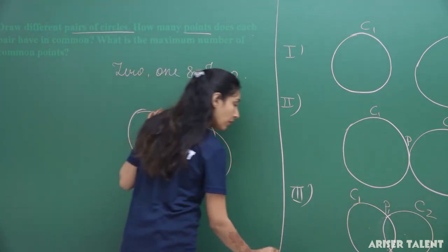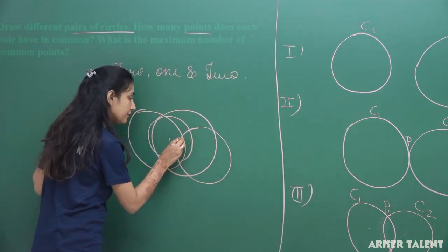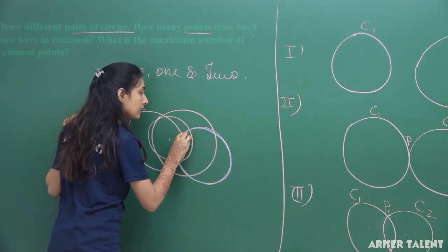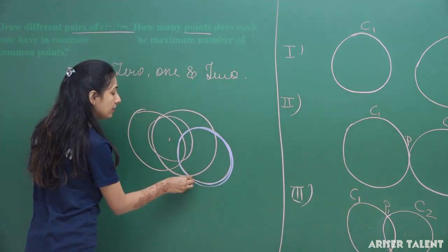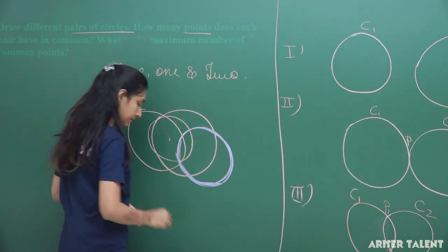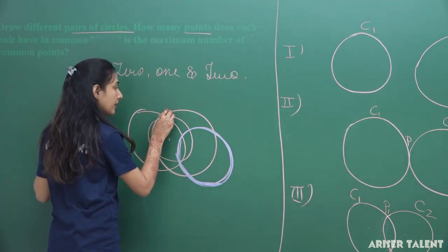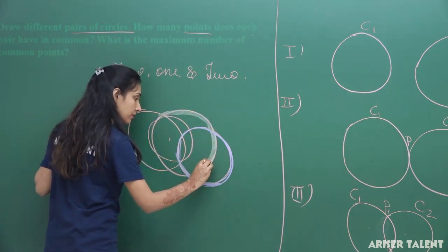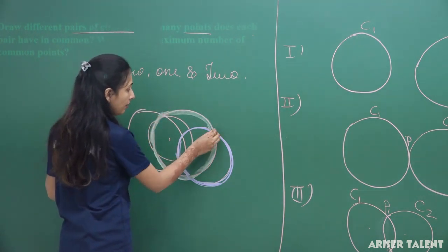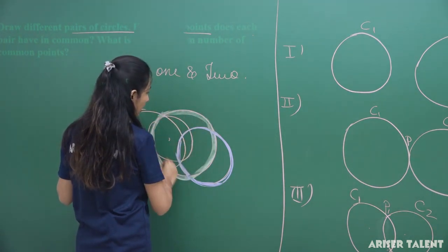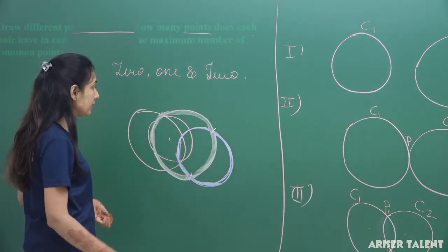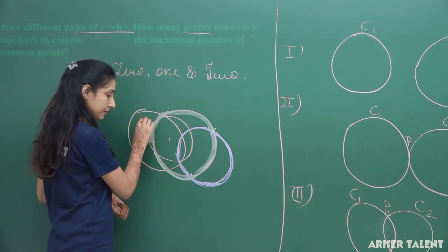Whenever I am talking about two circles, say this purple one and this green one, there are clearly 1 point and 2 points of contact.